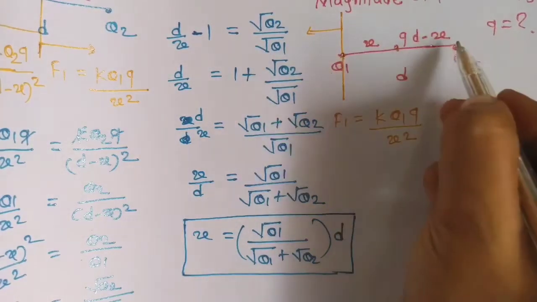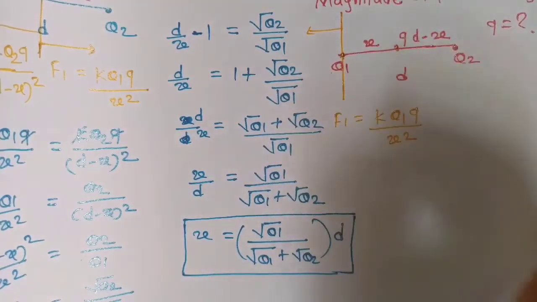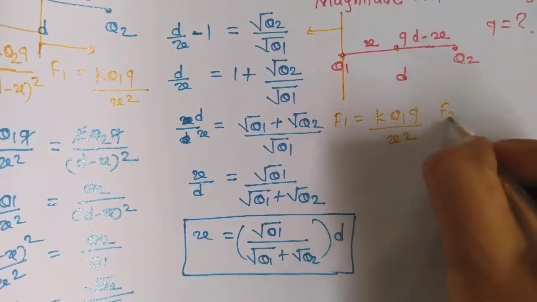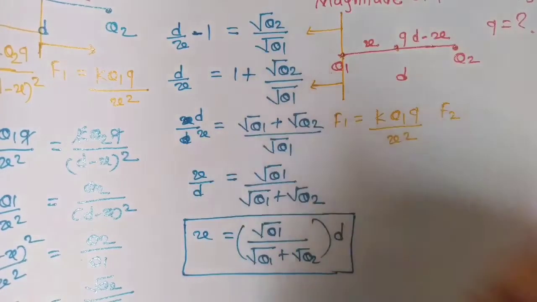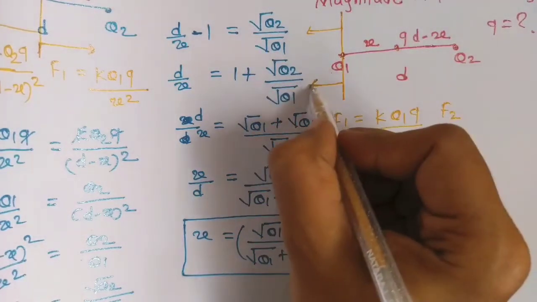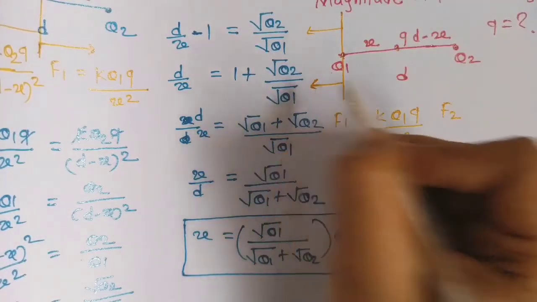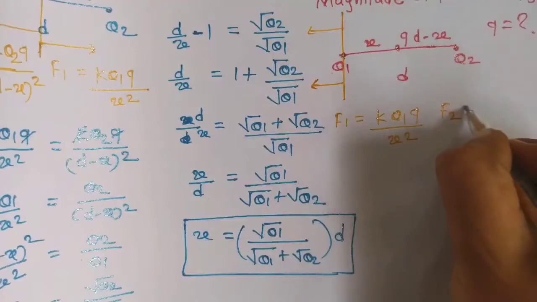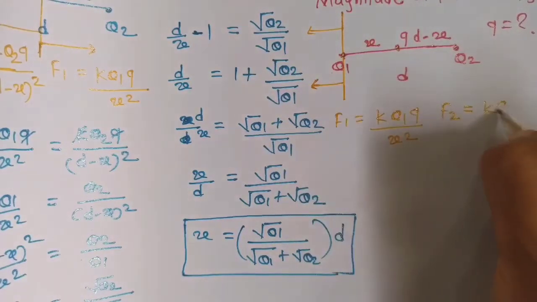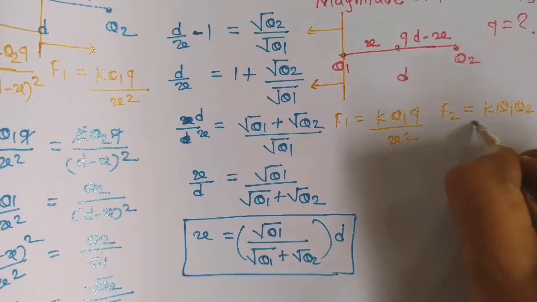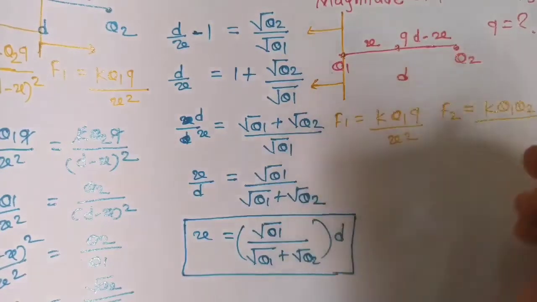Similarly, the force on the charge Q1 due to the charge Q2 is F2. Both charges are positive, and that's why they repel each other. The direction of the force is away from the charge. So F2 is equal to K Q1 Q2 upon d square, where d is the distance between them.